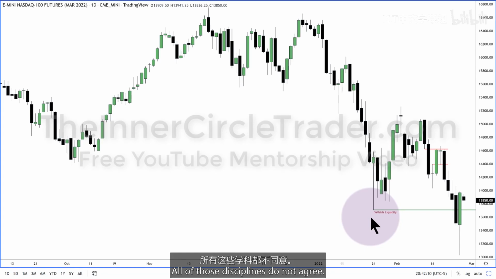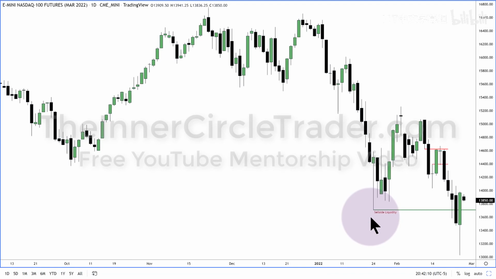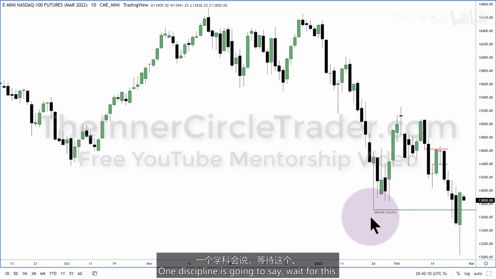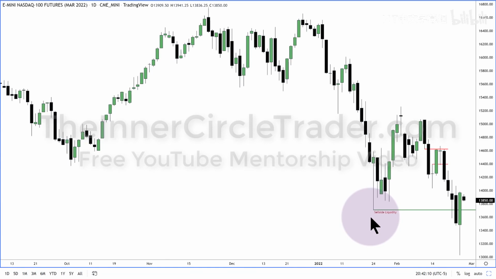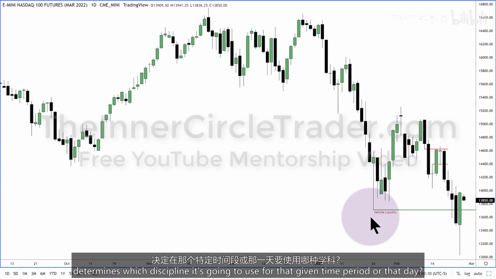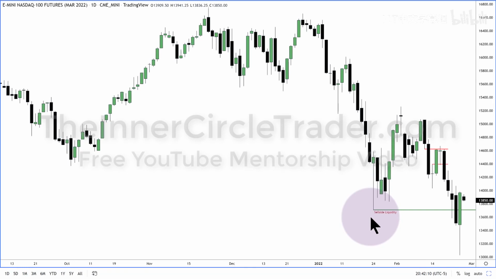All of those disciplines do not agree. All of them. They're at odds with one another. One discipline's going to say, wait for this. One discipline's going to say, wait for that. So how is it that the market determines which discipline it's going to use for that given time period or that day?